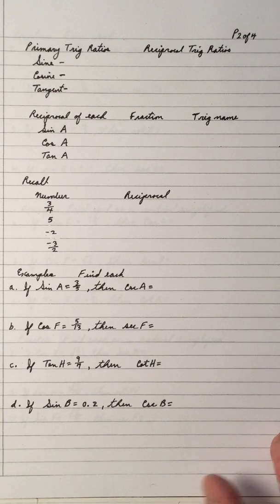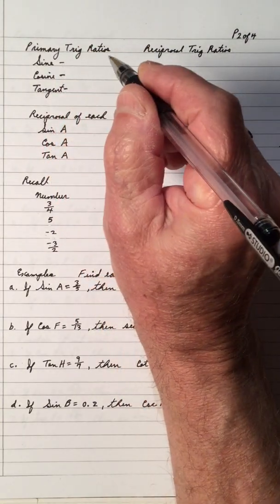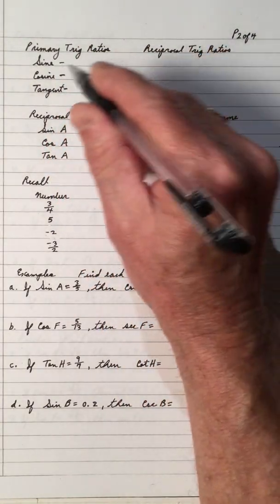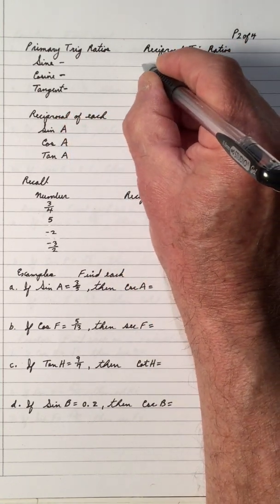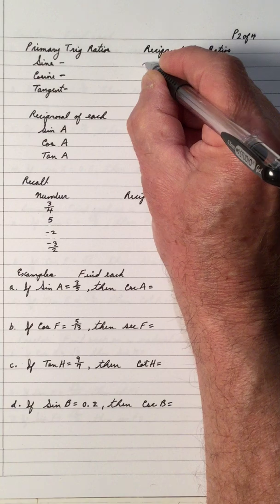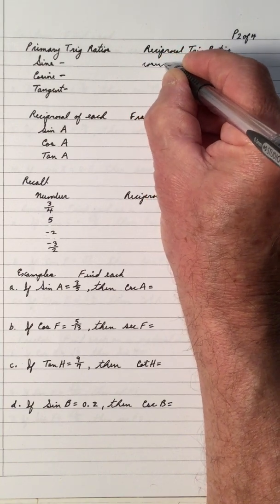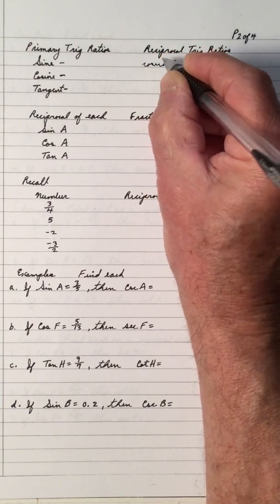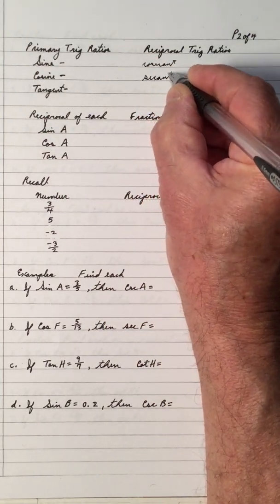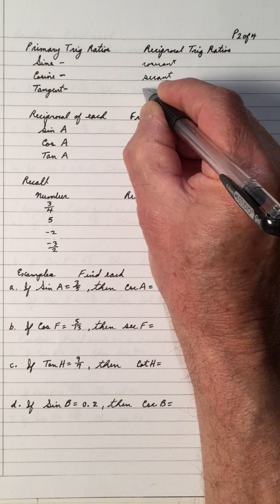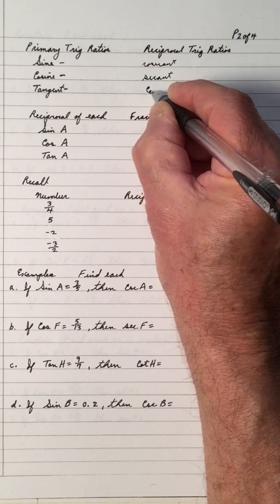The primary trig ratios are sine, cos, and tan. The reciprocal trig ratios are: for sine it is cosecant; for cos it is secant, S-E-C-A-N-T; and for tan it is cotangent.